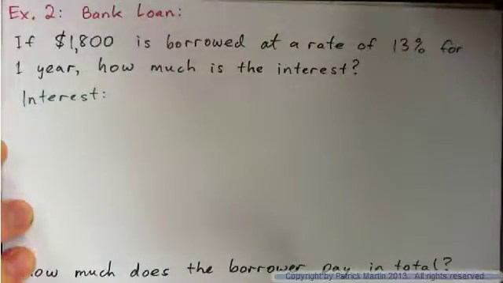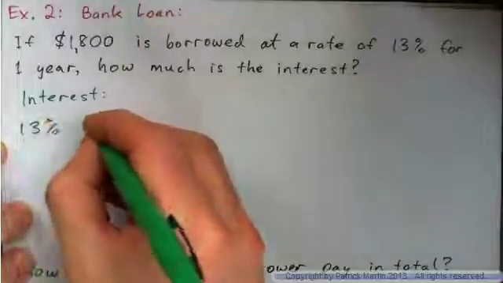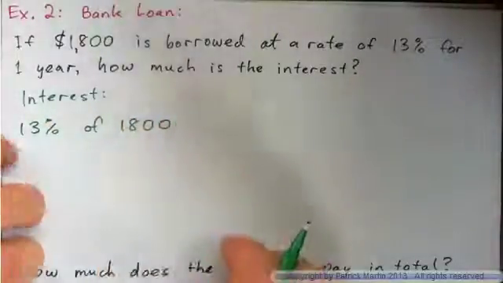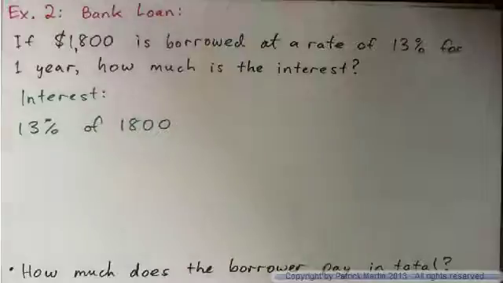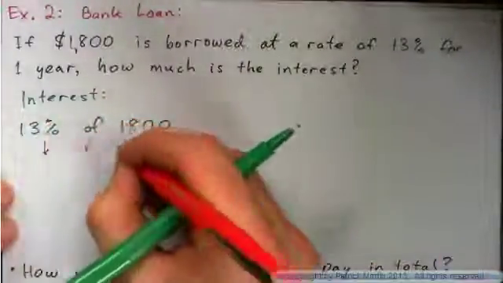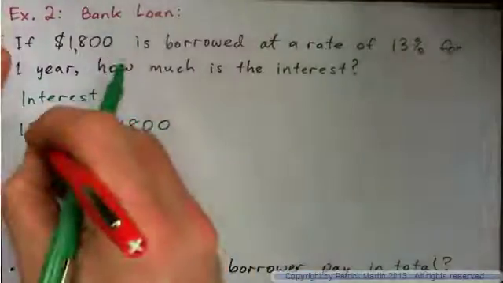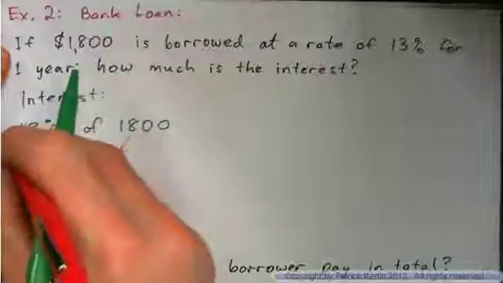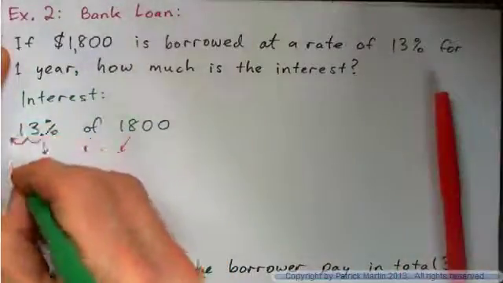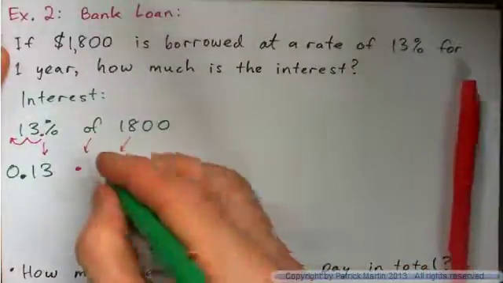Do you think you need to get 13% of 1,800? Yep. So turn 13% into a decimal and multiply. The decimal point at the moment is here. That needs to be moved over 2 spaces to the left to get 0.13 multiplied by 1,800.